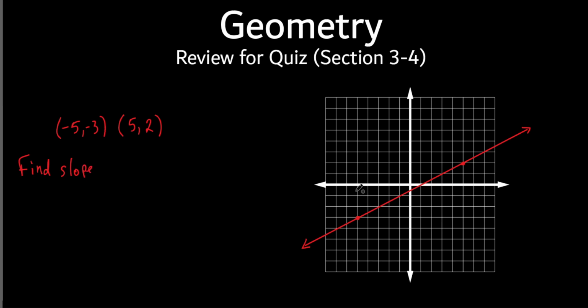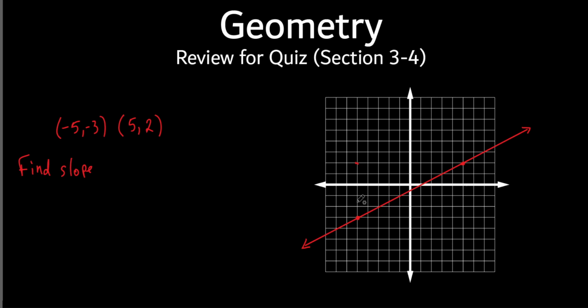Now, if you had a graph, you could just count on the graph, couldn't you? Let's just do that for fun, just to see what it is, and let's see if our math actually comes out the way it should. So let's go from one point to the other and rise and run. How far would I have to go? I'd have to go to here, wouldn't I? Everybody see that? I'm going to go up to that height right there, and then I'm going to go over to that point.